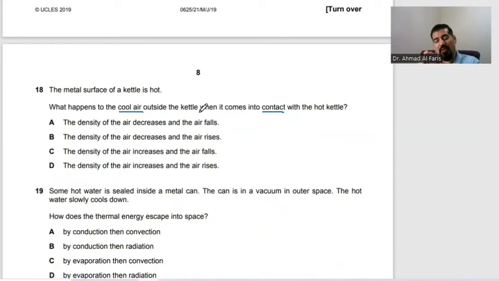So the air becomes less dense, the density of the air decreases. And as the density of the air decreases, it rises. So the answer is B.